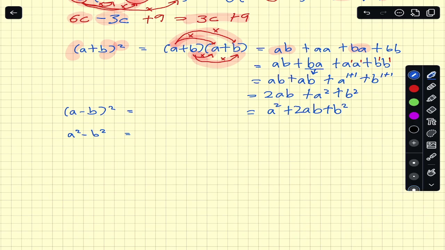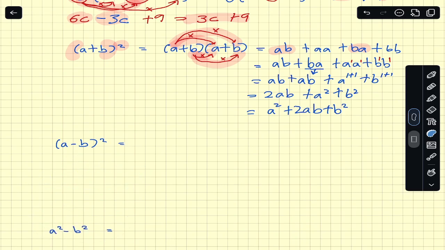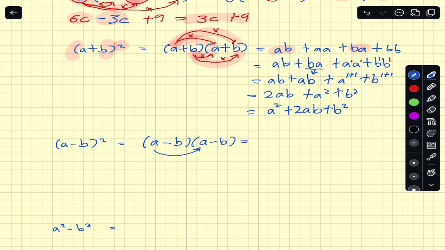Now, if I was to do the next example, a minus b all squared, I'll show you how we rewrite this. It's a minus b all in brackets times another a minus b all in brackets. I'll do my first multiplication. I'll just write it as a squared now because that's a times a. Then I'll do my next multiplication.